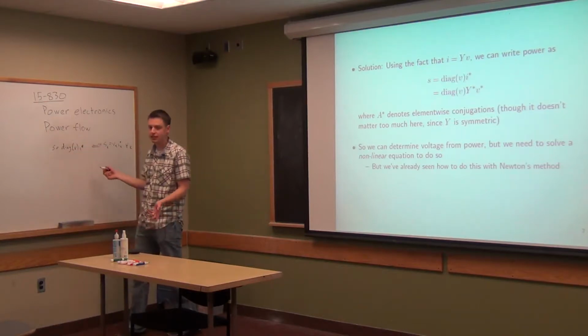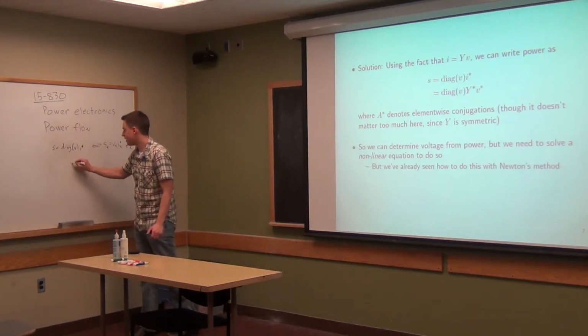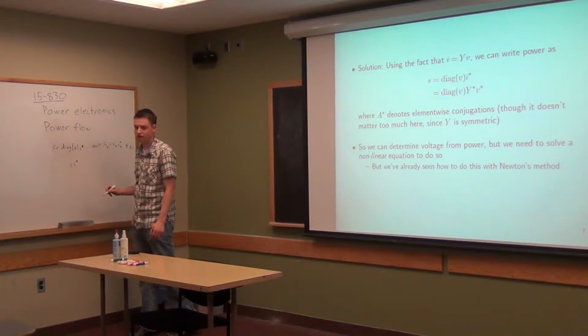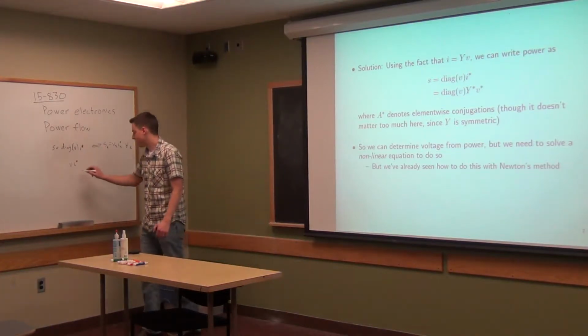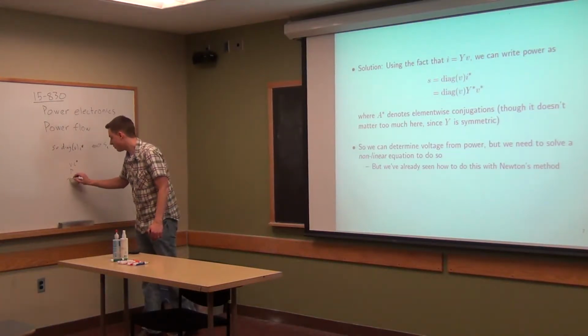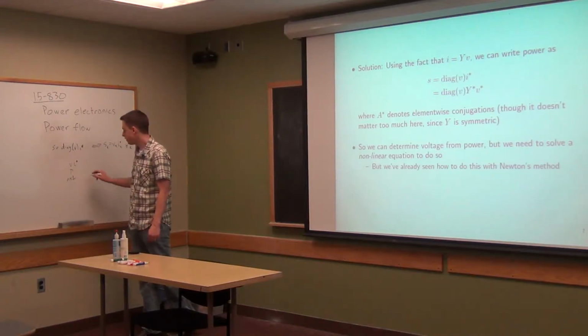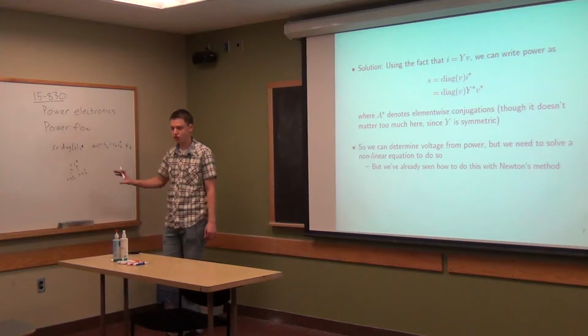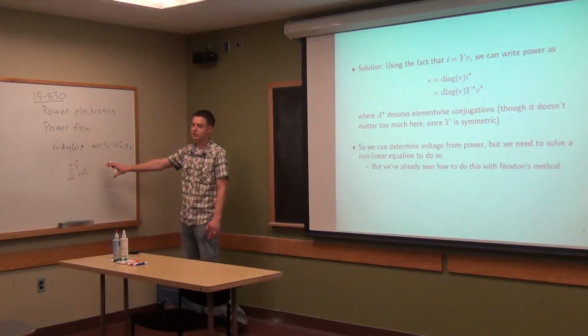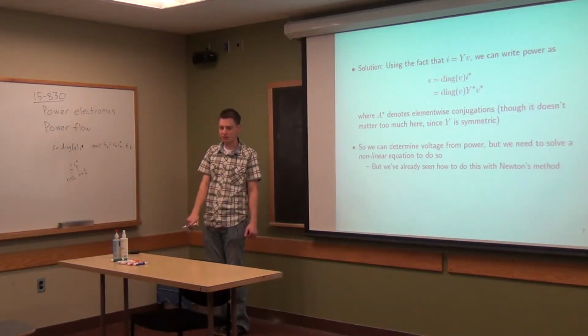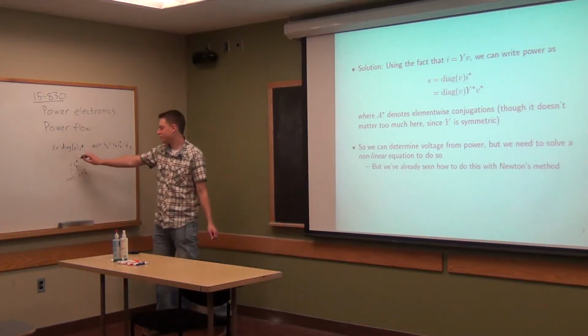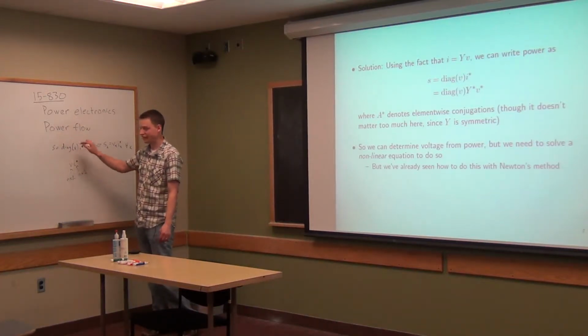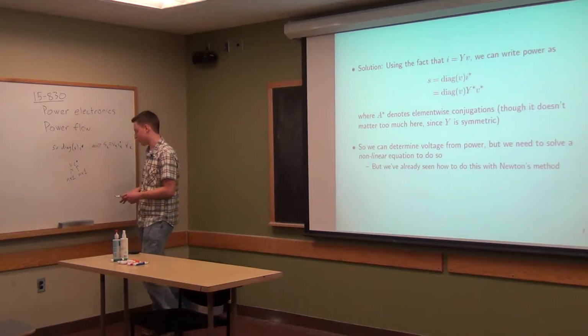You can't, in matrix math, say V times I conjugate. The reason is that this is an n by 1 vector, and this is an n by 1 vector, so you're not allowed to multiply those two together. That was actually another issue in some of the homeworks, that people would just use this product instead of diagonal matrices, which you need for these expressions.